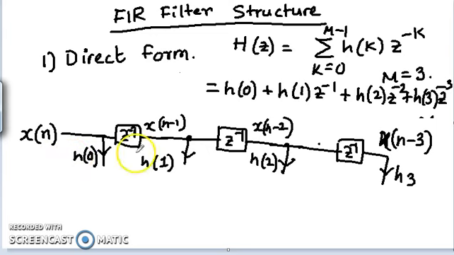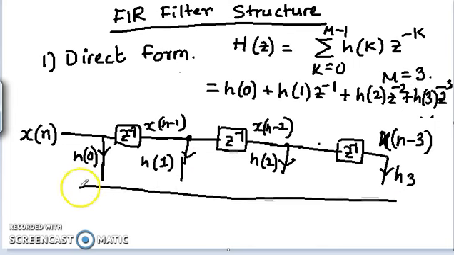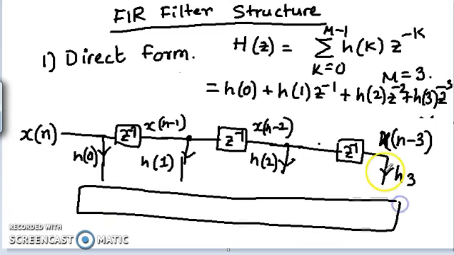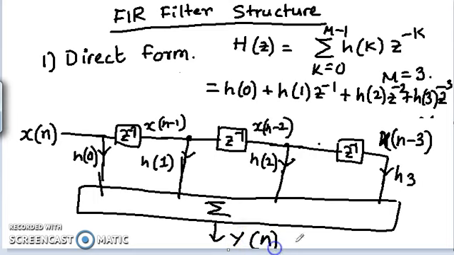Now all of them are summed, so you can put them in an adder, in a summer. This whole thing, I am putting all of them in a summer. Okay, so this is my summer, and here I can get the output. The output length depends on the input length.